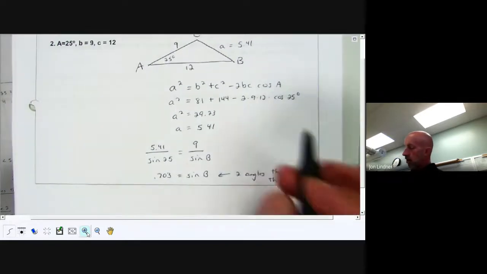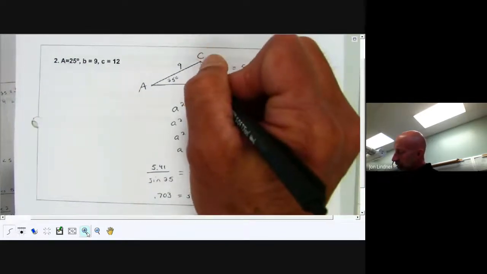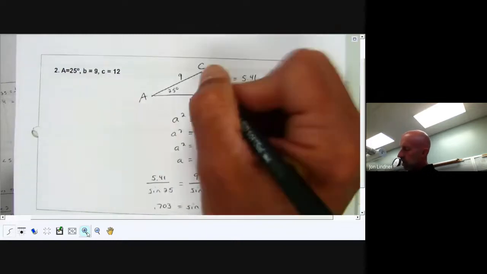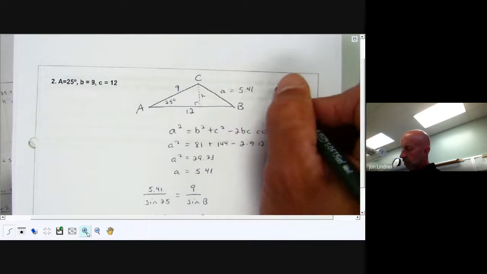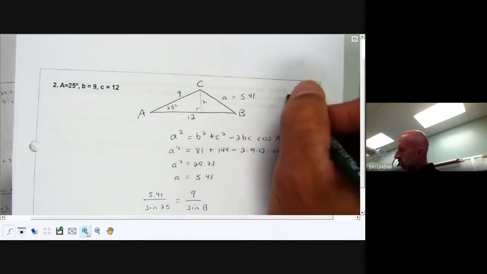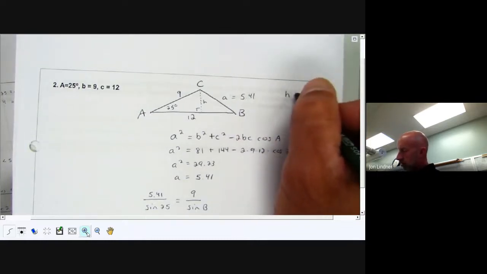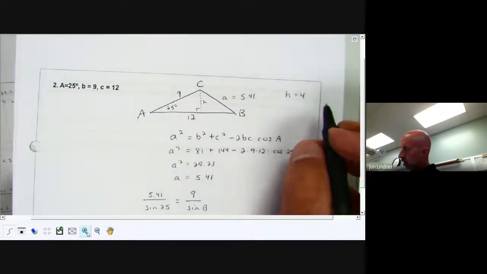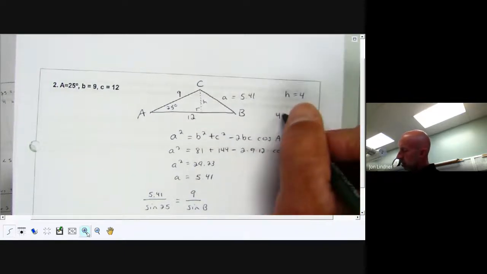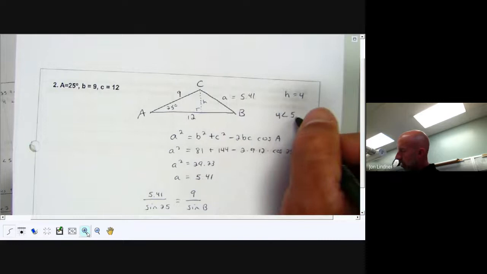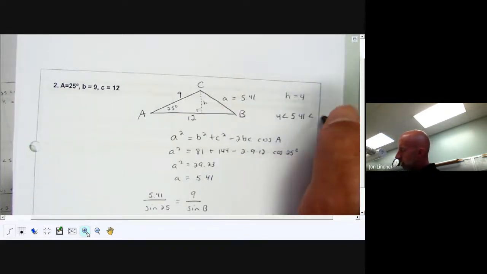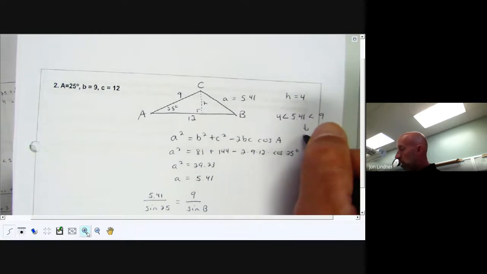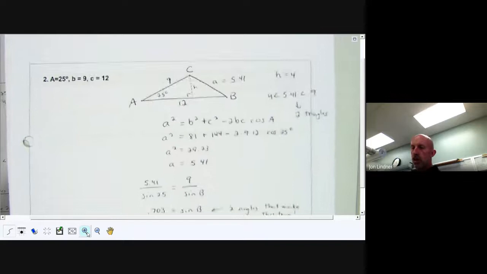By the way, I could calculate my H value, just like I did on the law of sines. I'll tell you what it is. H winds up being approximately 4. And look at this. 4 is less than the side opposite the given angle, which is 9, which means maybe there could be two triangles to consider, but we're going to find out.